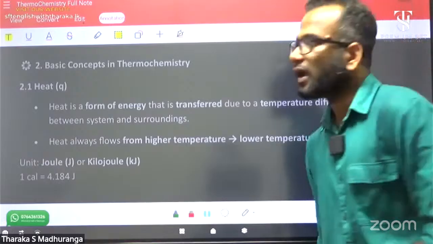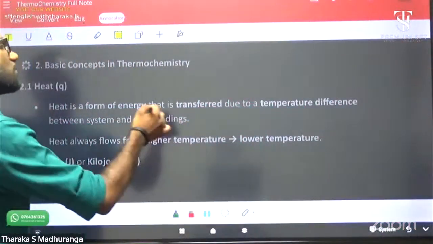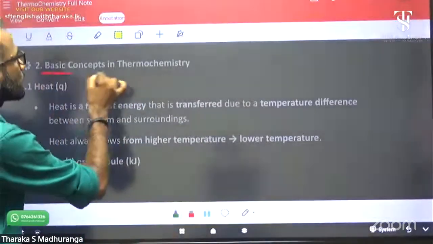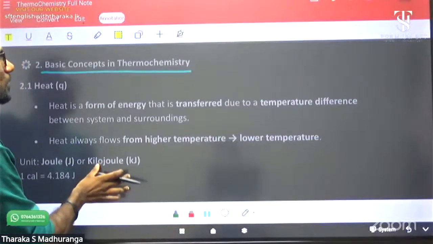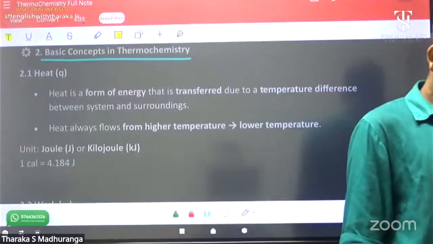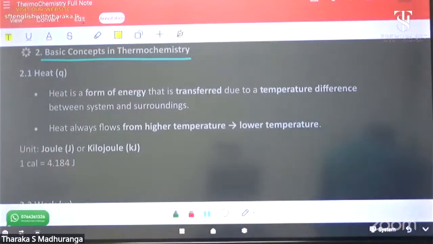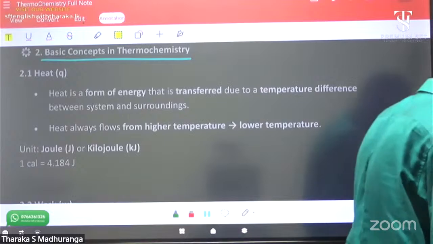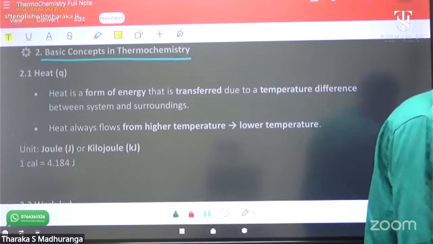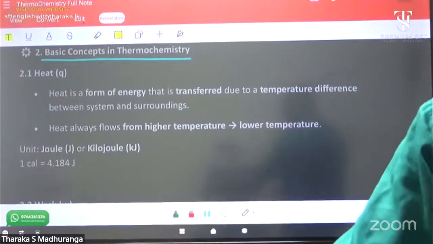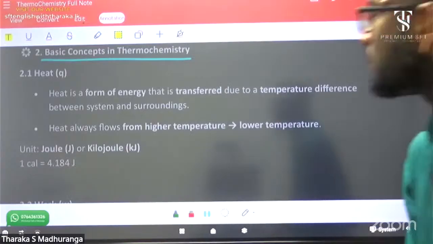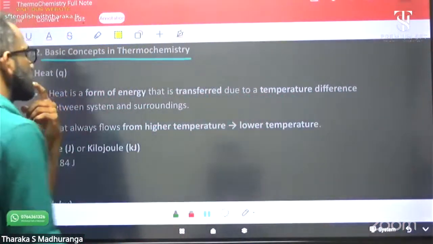And write down basic concepts of thermochemistry.